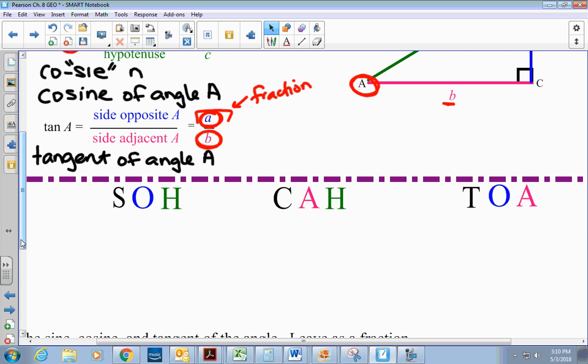All right, SOH CAH TOA. On a Polynesian island, there was a tribe of indigenous people, and they would pray to their god, and it would sound like this: Sohcahtoa, Sohcahtoa, Sohcahtoa.